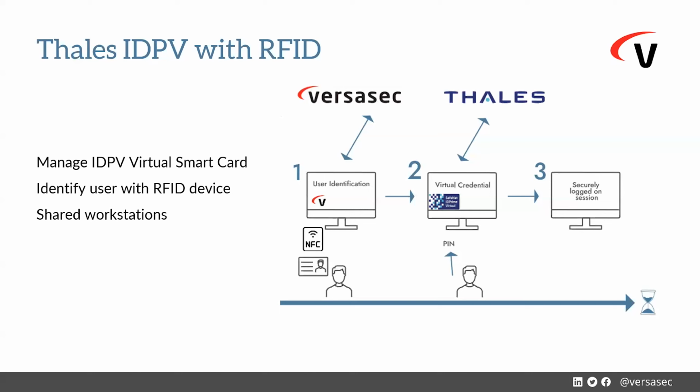These tags normally contain a unique user ID. So by tapping the RFID tag on the NFC reader of the device they are logging into, the user's ID Prime Virtual Smart Card is automatically loaded. And then the user only needs to enter the PIN for authentication, thereby significantly improving that user experience.